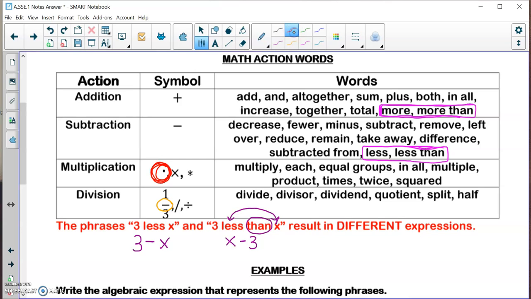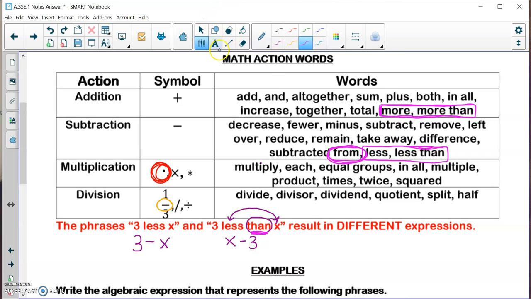And then also, I'm going to have you highlight or circle or whatever the word from. Because whenever you see the word from, if you say subtracted from, that's the same thing as the word than.